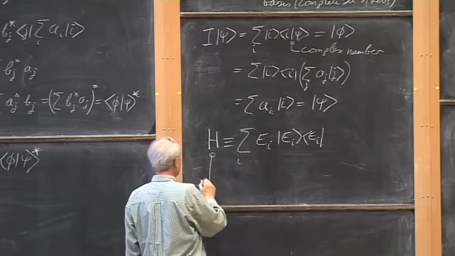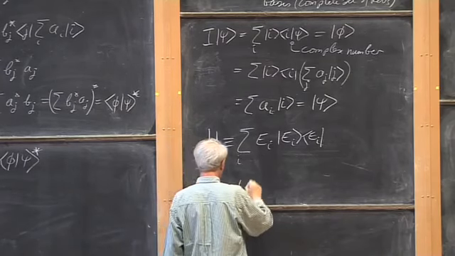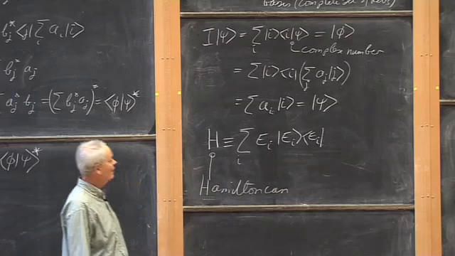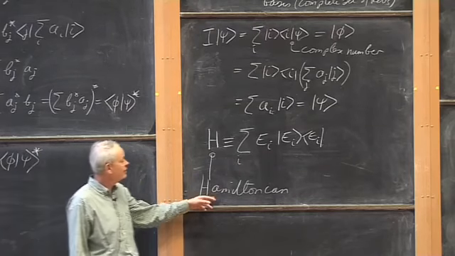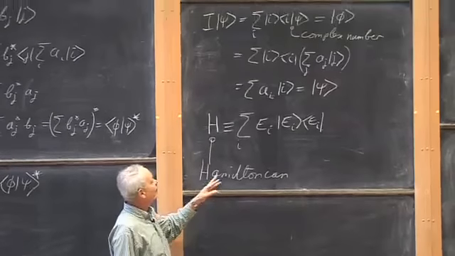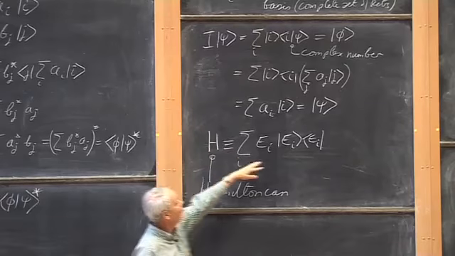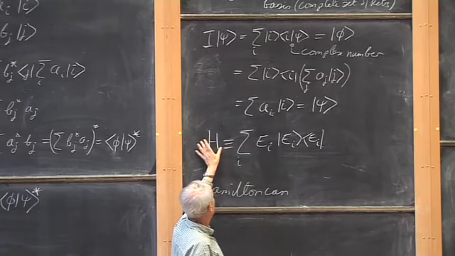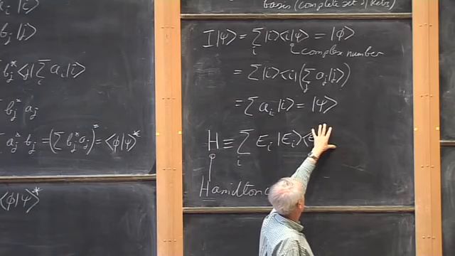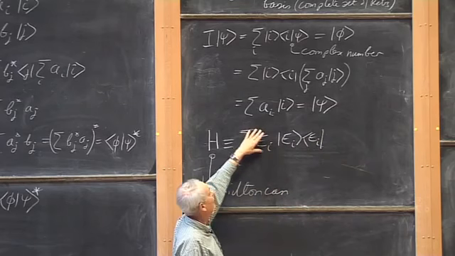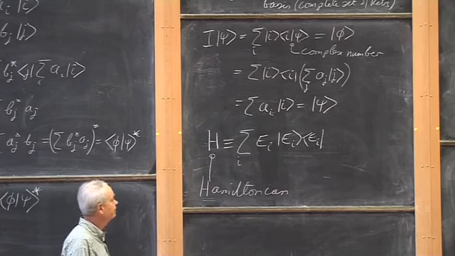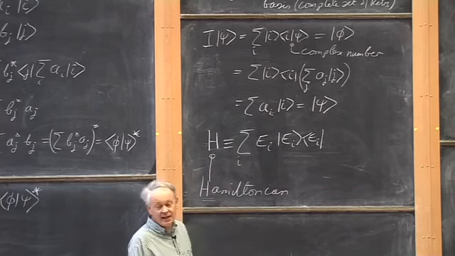This operator here is called the Hamiltonian, after William Rowan Hamilton, who lived in the first half of the 19th century and introduced the classical analog of this. And I hope it's clear from what I did above that this is an operator. That is to say, if we do H on psi, we will get this stuff times Ei of psi. This is a complex number which multiplies this real number times kets. So we will get back a ket.